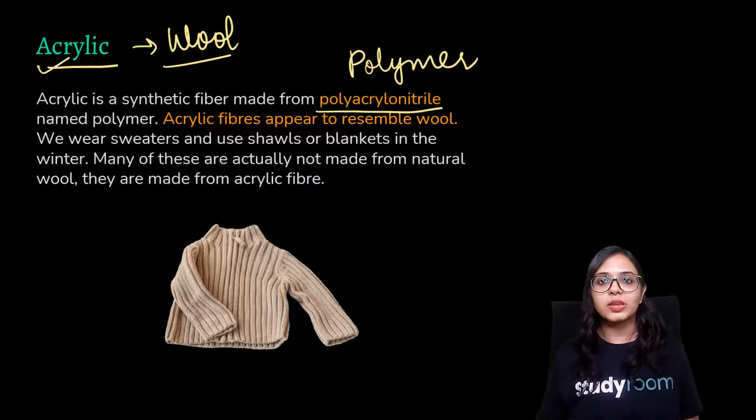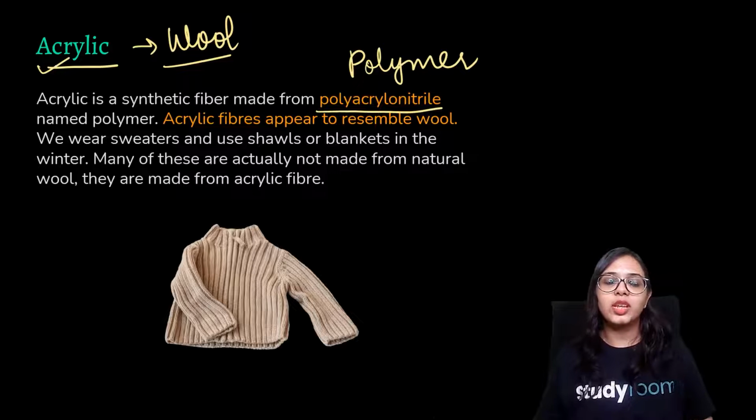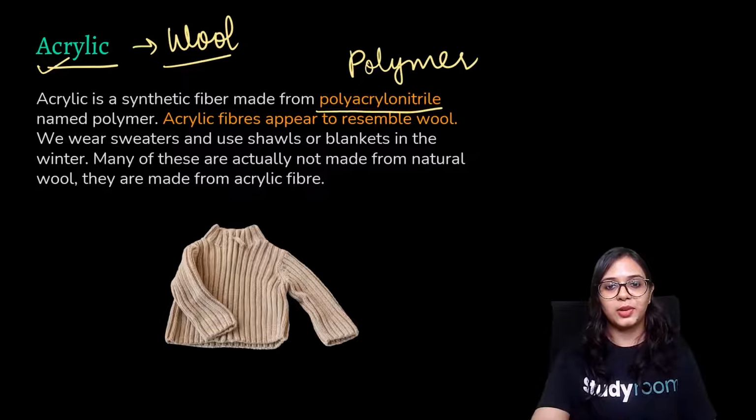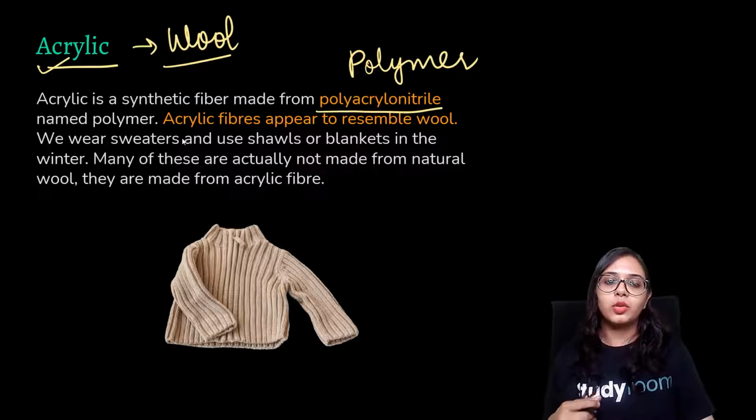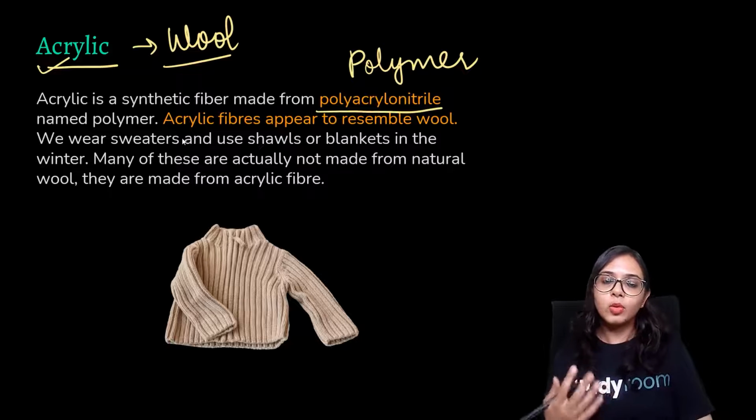There are some sweaters and woolen products that may claim to be made from pure wool, but many of them are actually synthesized artificially, and this synthetic fiber is actually acrylic. Many of these are not made from natural wool, because the demand for wool is very high.